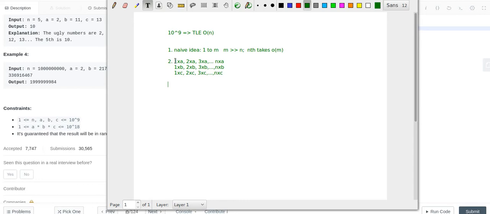This is like generating three sorted lists, and each list's length is n.